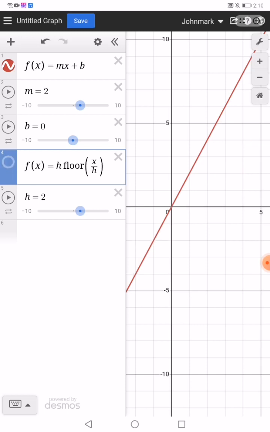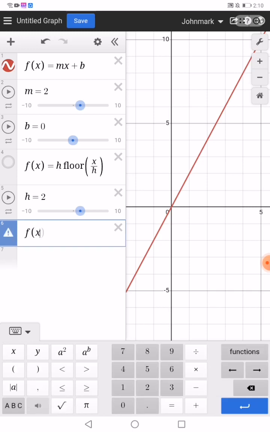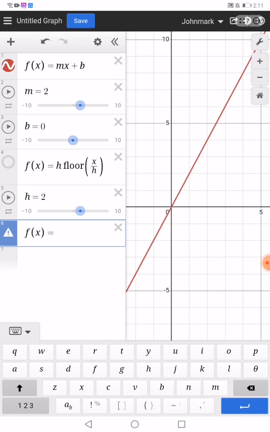We'll try to rewrite a new function that would convert this linear mx + b into a floor function. So we have f(x) equal to the slope. We'll copy the same rate of slope, so we have m. Then the real number x will be converted into a certain length of step, which is the h.